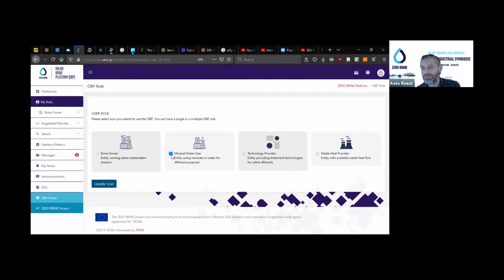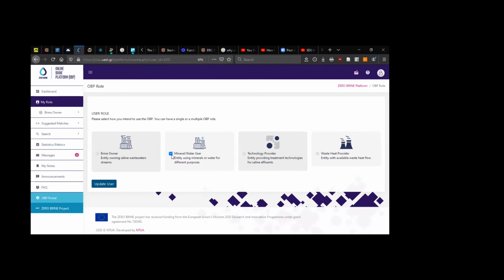Yes, please, of course. So really interesting, this platform, but one of the things you showed earlier is once you add a brine, then you can select which products can be recovered, right? There was this tool where you filled in calcium and magnesium and some other things, and then it suggested some things to recover.